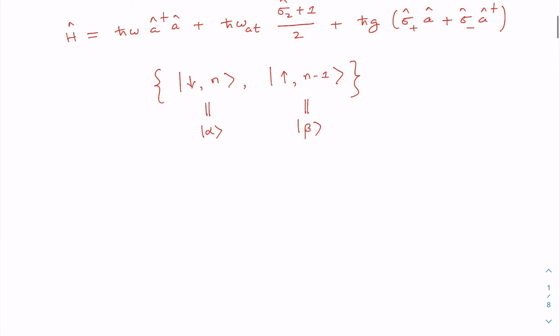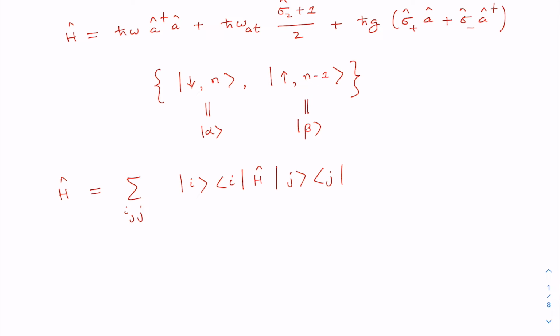Alright, now using the fact that H is equal to the sum over i, j of |i⟩⟨i|H|j⟩⟨j|, as we have done so many times, we can write it out.